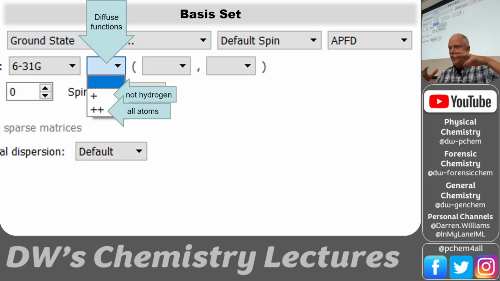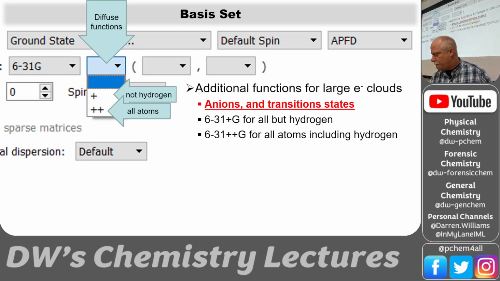And it's like we're adding in s orbitals. So we could add p and d orbitals through the polarization functions, and we could add in s orbitals through the diffuse functions. So if we did a plus on silicon, it would be like adding a 4s orbital for silicon. So it's good for anions and also for transition states.